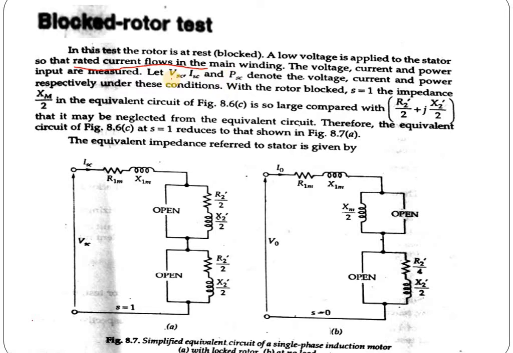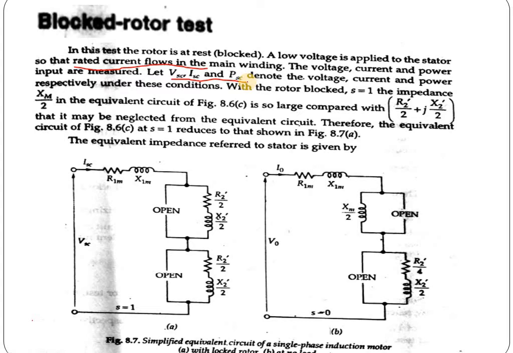That means short circuit voltage, short circuit current and power at short circuit condition. Block rotor is basically similar to the short circuit condition of a transformer. In the case of motor experiments, three-phase induction motor or single-phase induction motor, we call it block rotor.